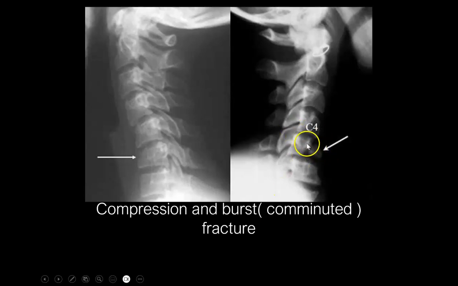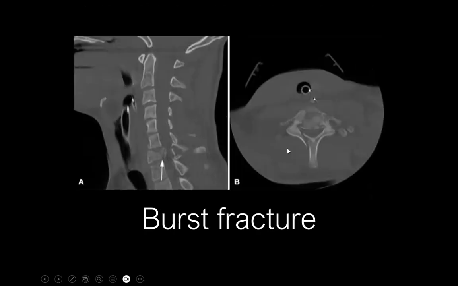Comminuted fracture means fracture divided into pieces. So this is a wedge compression, and this is a comminuted fracture. This is a burst fracture, same meaning. Another burst fracture, the vertebral body is divided into many pieces. This is comminuted fracture. Axial load in the neutral position of the neck.